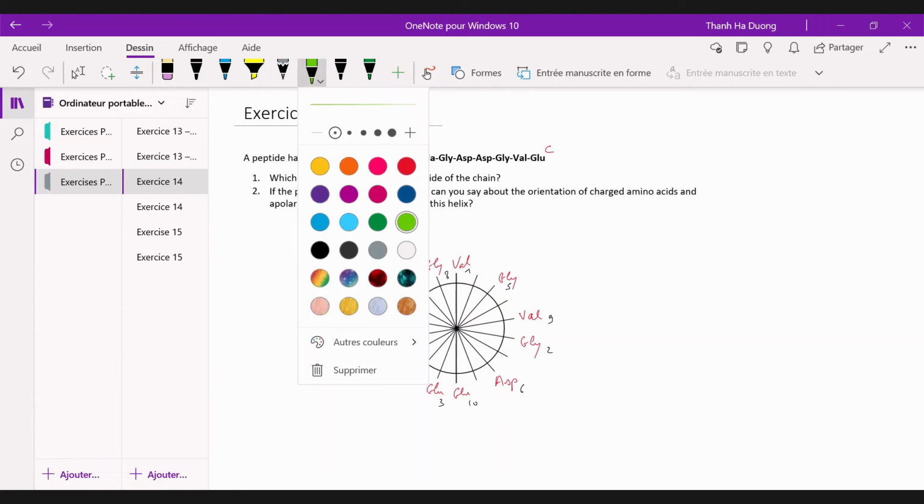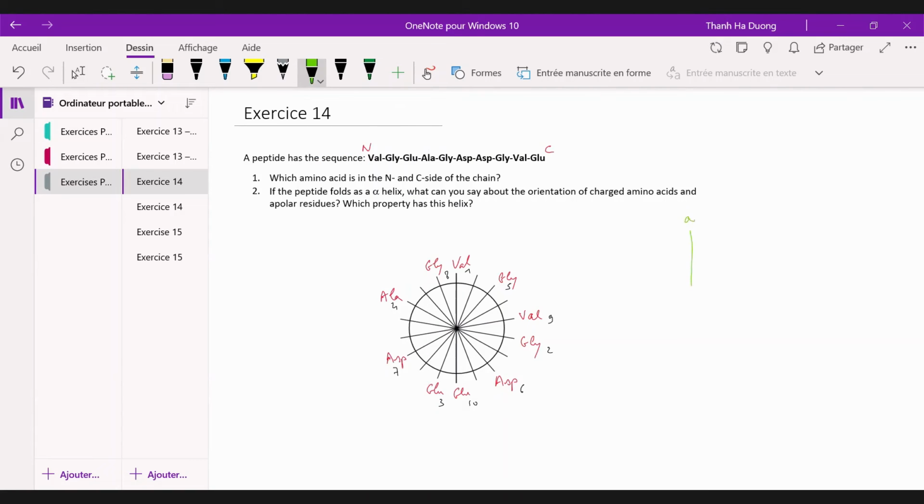Okay. I told you in my lecture that in the alpha helix, the angle between the first amino acid and the second one is 100 degrees. So if I plot the valine on the top, I will have between the first and the second, here in green, an angle of 100 degrees.